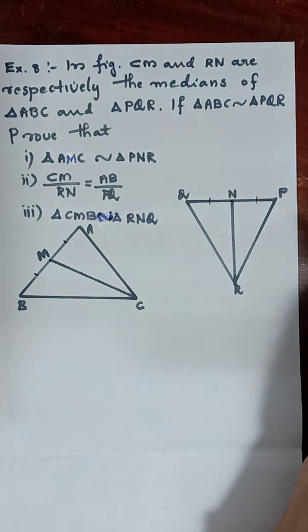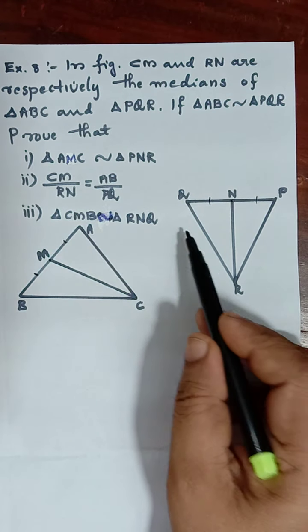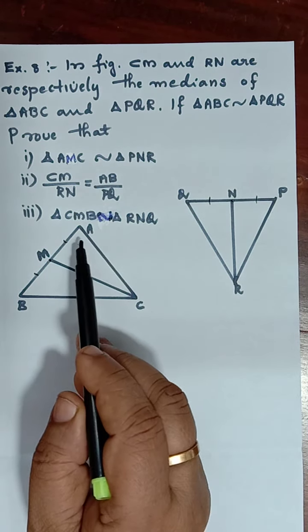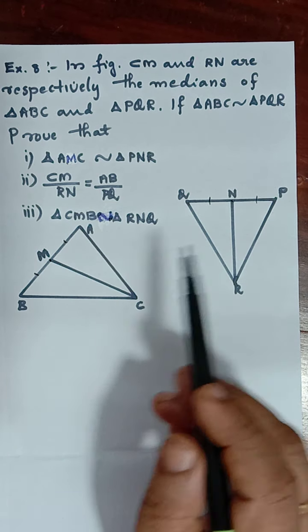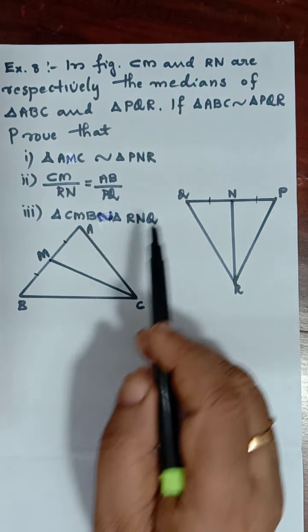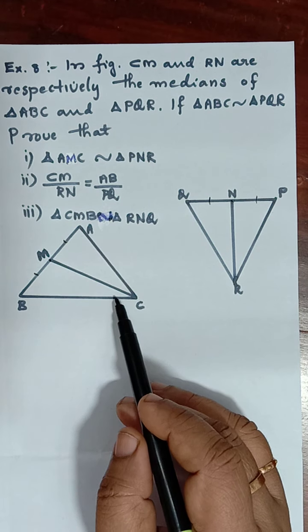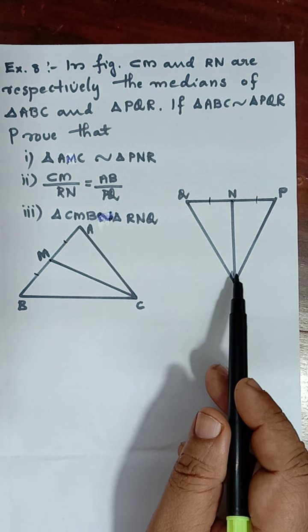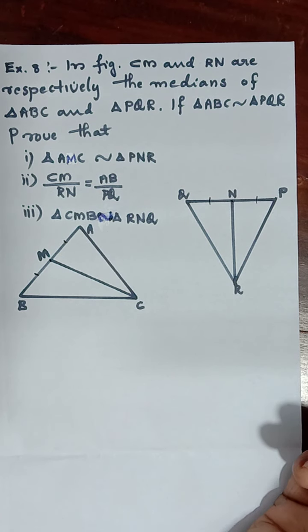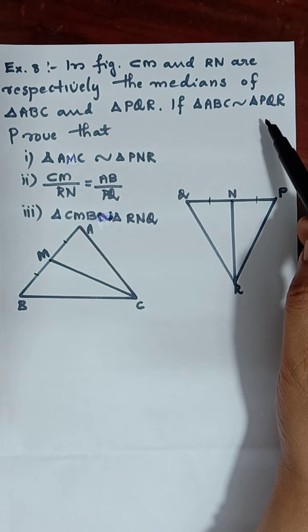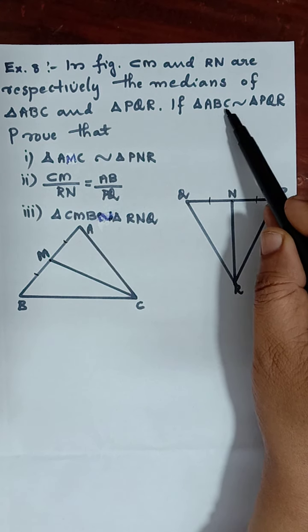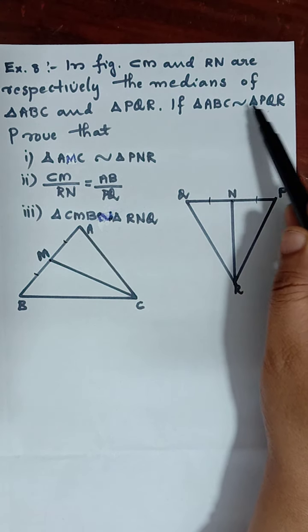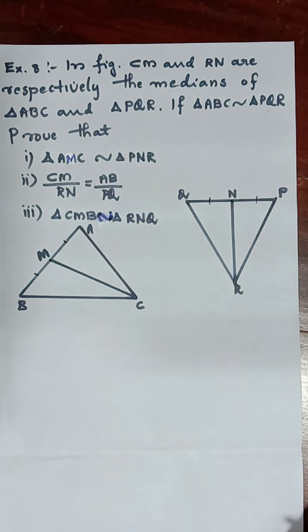As triangle ABC and triangle PQR are similar, we can say that angle A is equal to angle P, angle B is equal to angle Q, angle C is equal to angle R. And also, AB by PQ is equal to BC by QR is equal to AC by PR. These are the main points they have given to us.